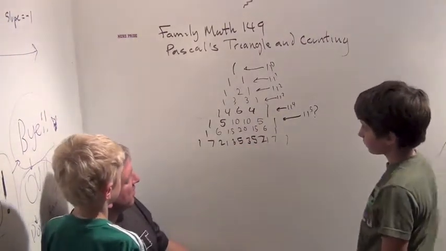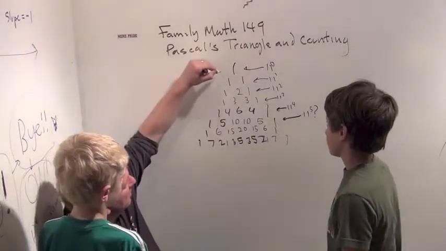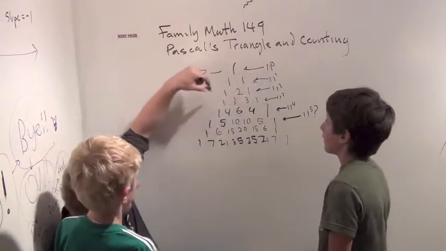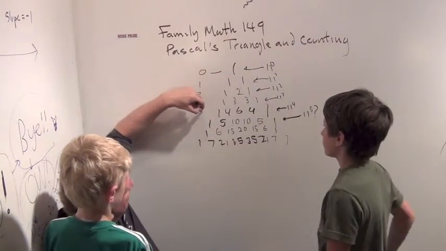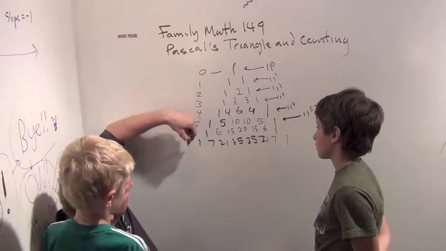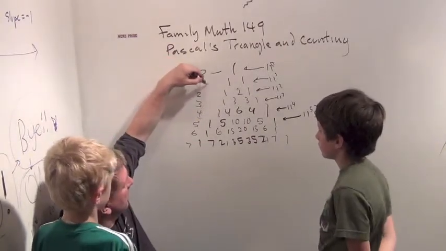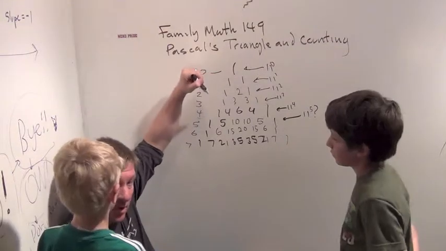Now, some rows have multiples of themselves in them. It's traditional to call this the 0 row, the 1 row, because you see those powers. The 2 row, the 3 row, the 4 row, the 5 row, the 6 row, and the 7 row. Some numbers have multiples of themselves. Let's ignore 1.